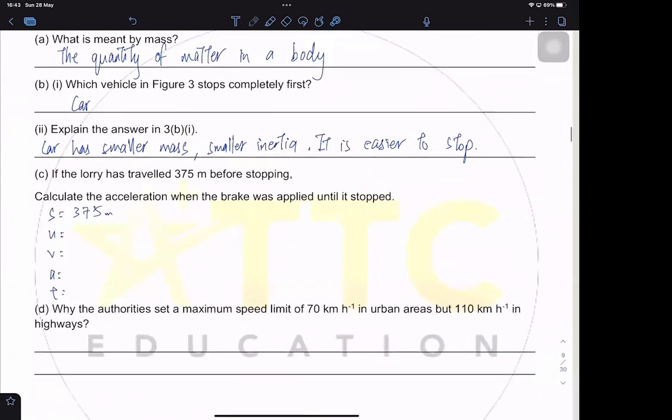So that's your initial velocity, 20 meters per second. The final velocity: he brakes until it stopped. So that means your final velocity must be 0 because you brake until you stop.